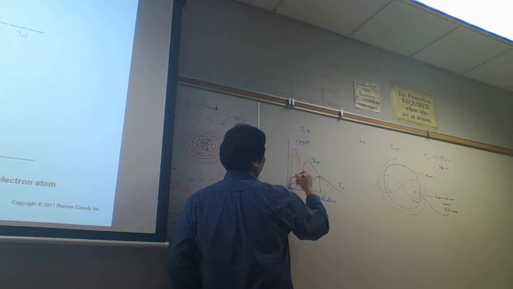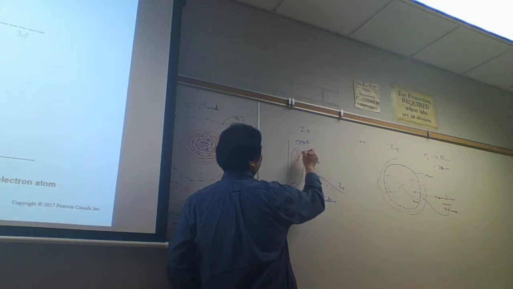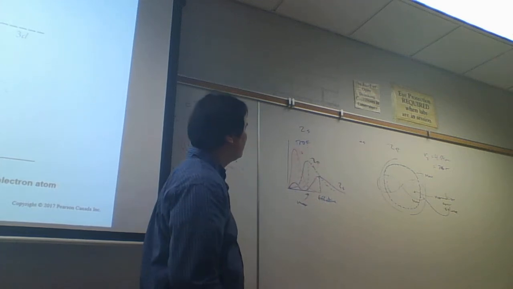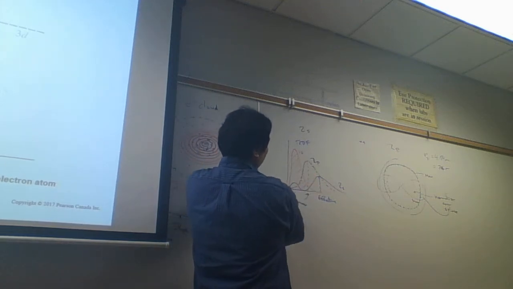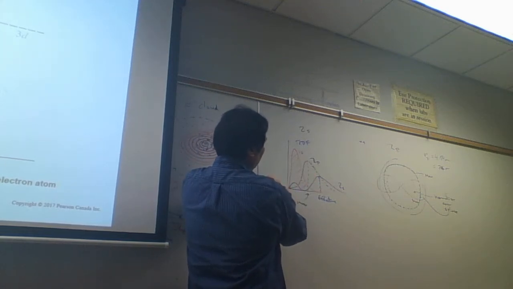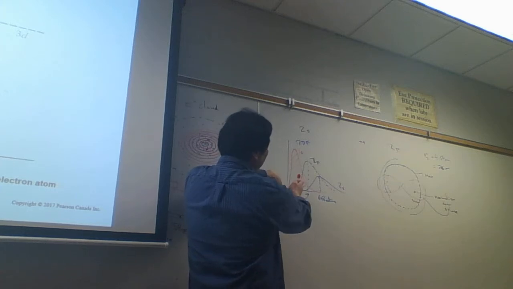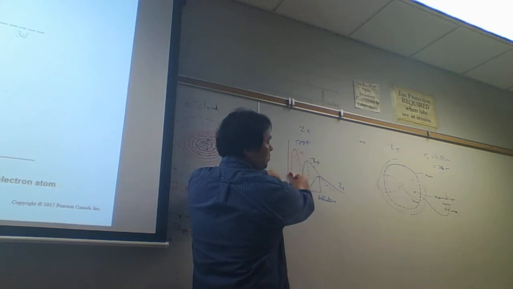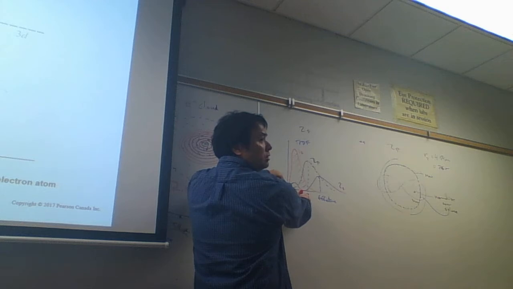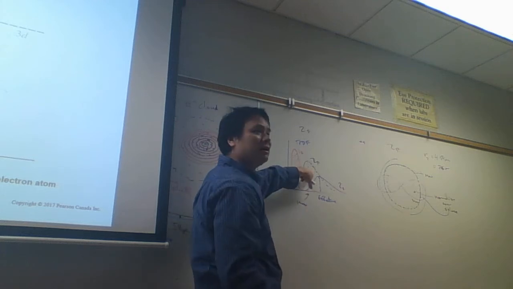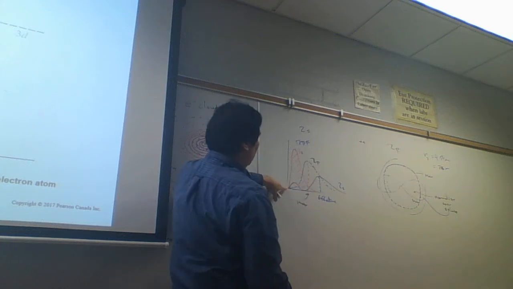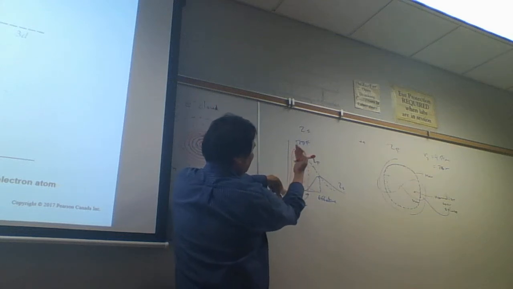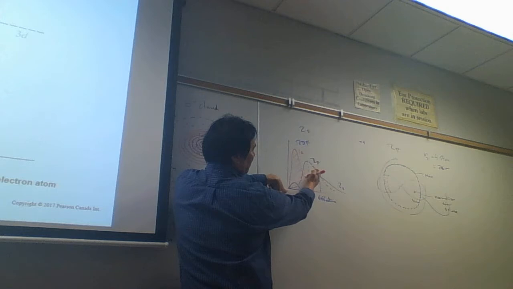Then the 2p and the 2s want to see the nuclear charge here. The nuclear charge is here, but the 1s electrons are shielding or blocking the nuclear charge. Because electrons are negative and the nucleus is positive, that's a favorable interaction. And so now I have these 1s electrons shielding the 2s and the 2p.